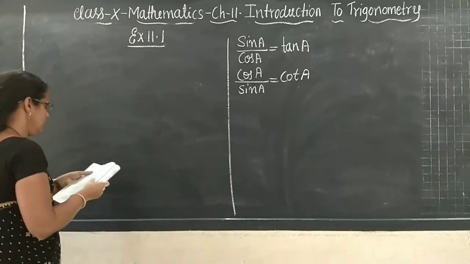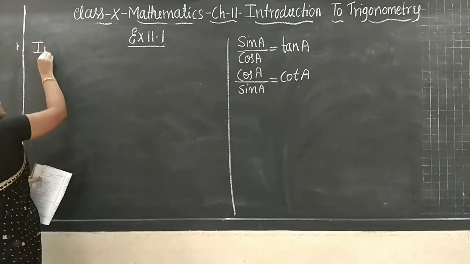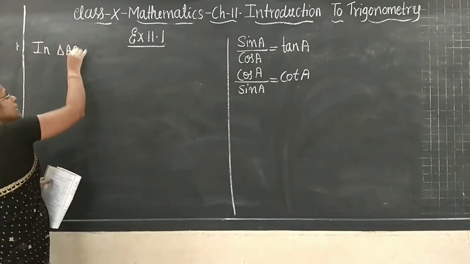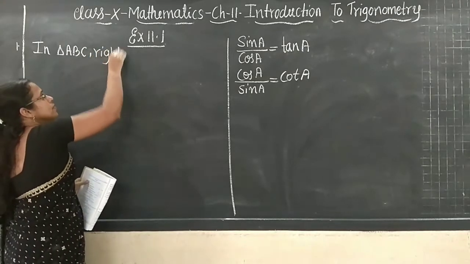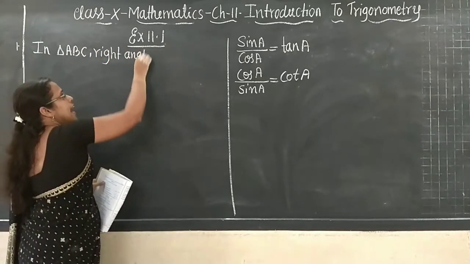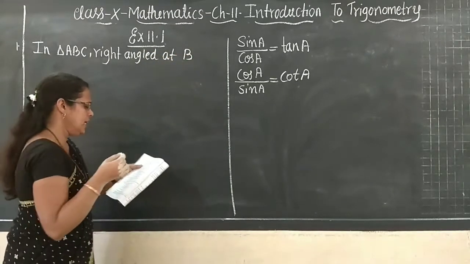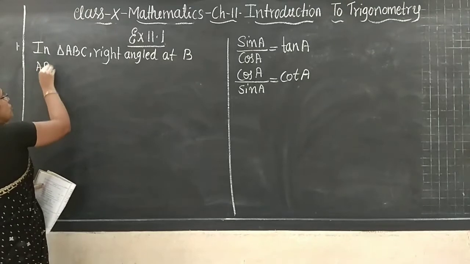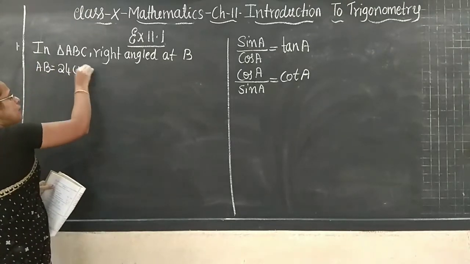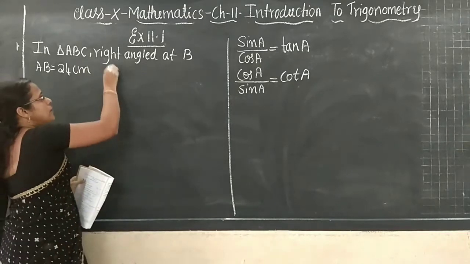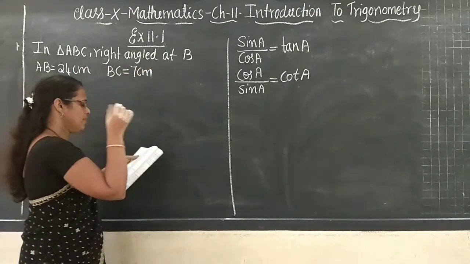Okay, so now the first one: in triangle ABC, right angled at B, AB is equal to 24 centimeter and BC is equal to 7 centimeter.